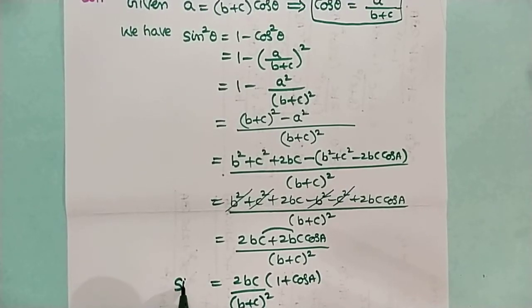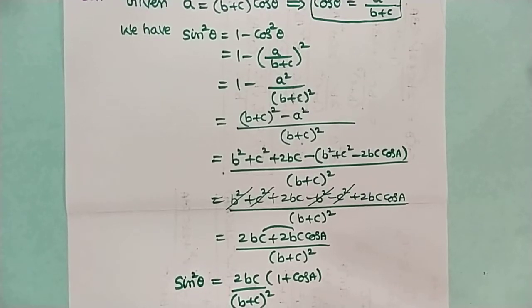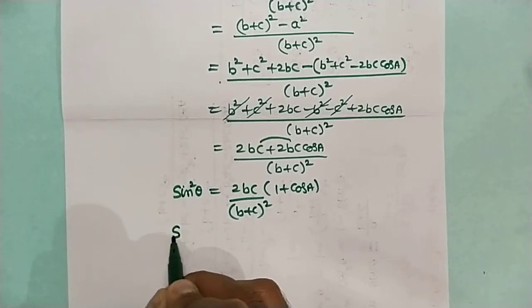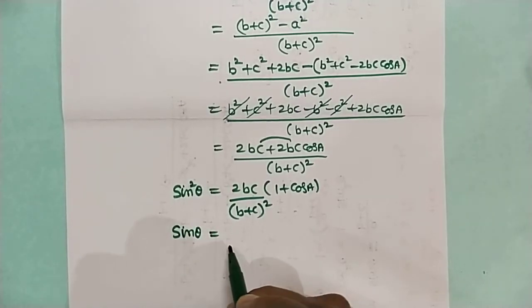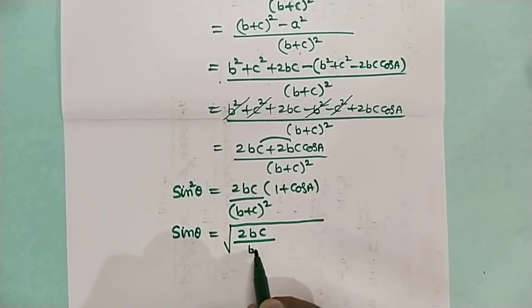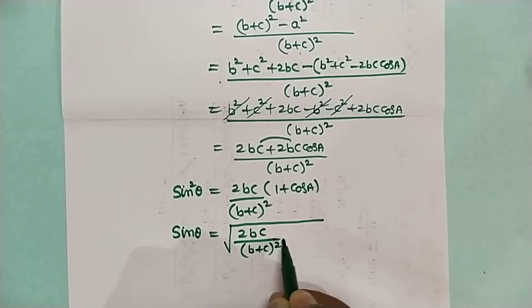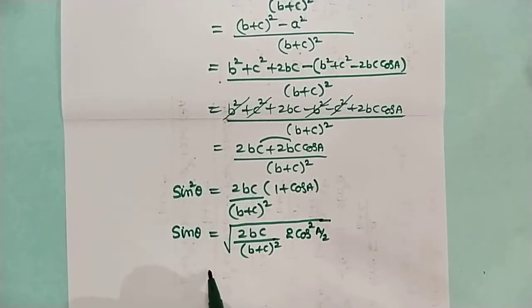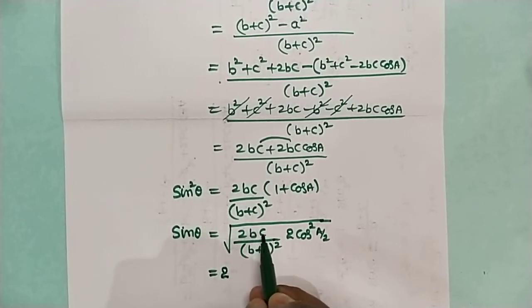In the previous problem we discussed this directly; there, 1 plus cos A I wrote as 2 cos square A by 2. Here also we will do the same, but directly I am taking the square root. So sin theta is equal to square root of 2bc by (b plus c) whole square, with 1 plus cos A written as 2 into cos square A by 2. 2 into 2 is 4, and 4 we can take outside of the root, it becomes 2 root bc.